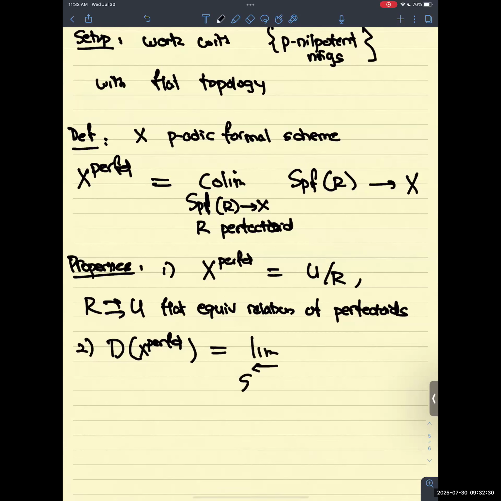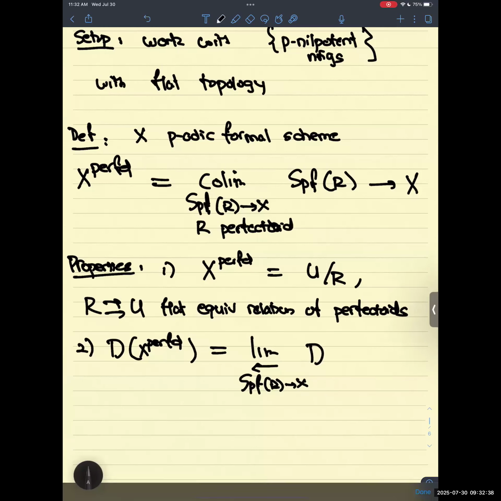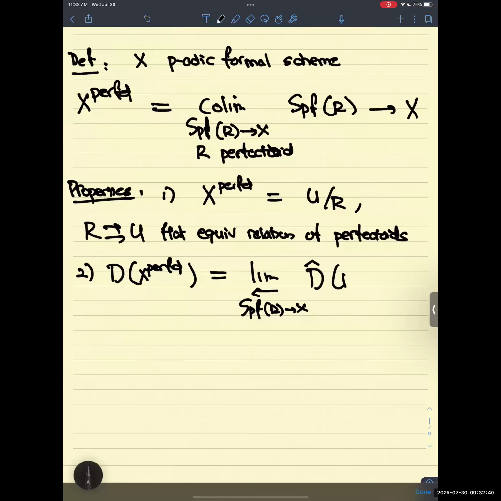So this is the inverse limit over all Spf R to X of D hat of R. To give an object in the derived category of X perfd is the same as specifying a complex over R for every perfectoid mapping to X, and things have to be p-complete.